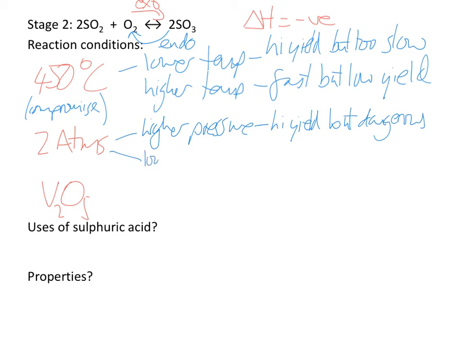So therefore, why do we not use a lower pressure? Well, if I lower the pressure, this would shift the equilibrium in the direction of more gaseous molecules, in other words, to the left. So a lower pressure has a lower yield, but cheaper and less dangerous.